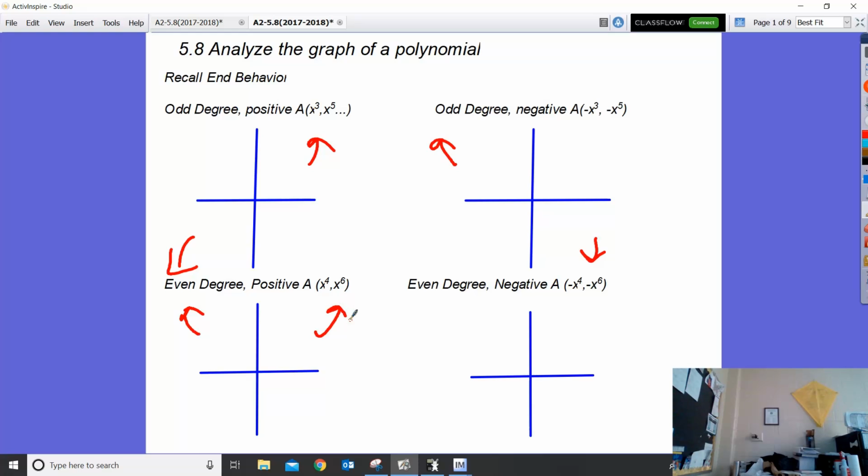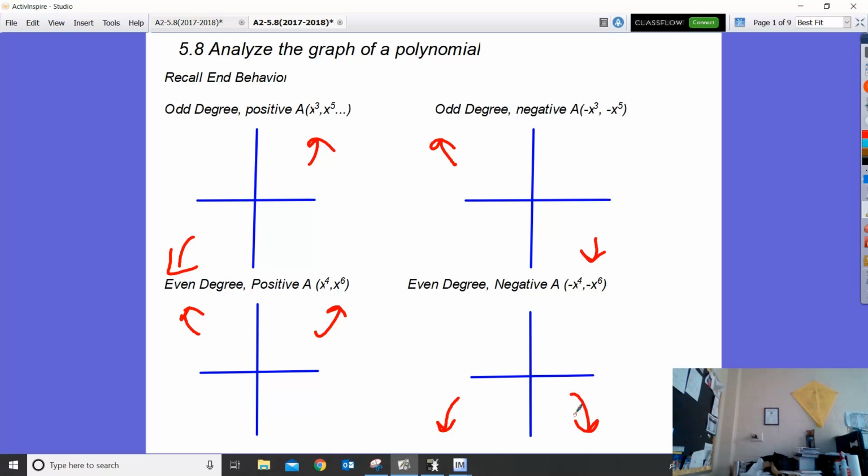Y'all just not even having a clue what I'm doing with my hands here, are you? Parabola, where are my hands? High and high. What if you put a negative in front of that x squared? Low and low. Makes the thing reflect. It's end behavior.